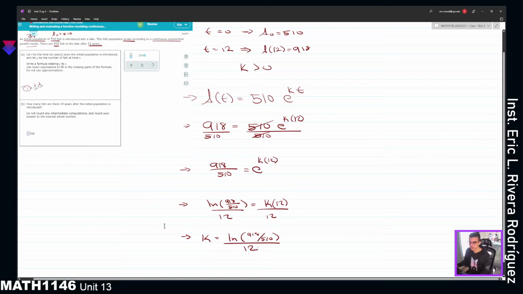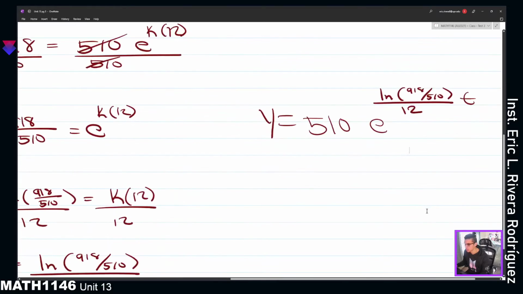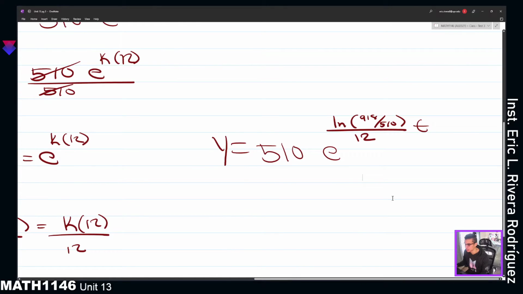By the way, the answer for A will be y equals all this, and then the value of k will be this. Not an expression to work with, but something that you need to learn how to calculate.